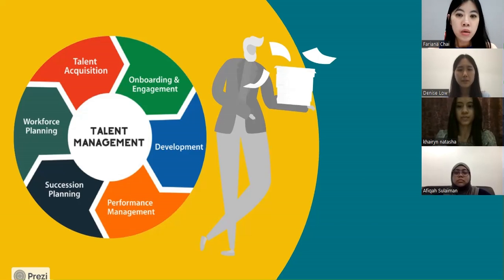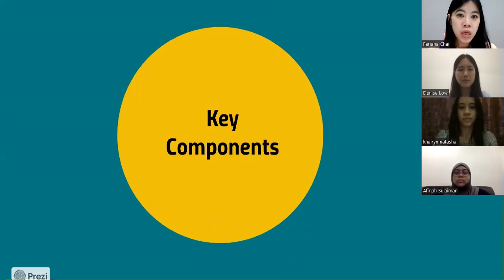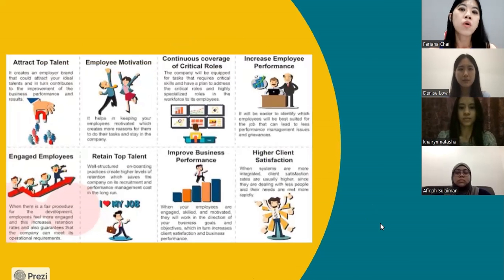Okay, so after that, we go to the importance of talent management. Why is talent management important? Because strategic talent management can create an employer's brand that can attract top talents. If you are able to attract top talents, they will work in the right direction of the company's goals, and it can help employees keep motivated.